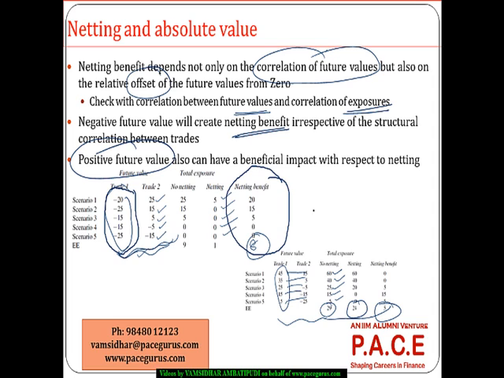Which means even if all the values are positive, there is a possibility of some kind of netting benefit. Not just the correlation between the two, I also really need to see by how much all the future values are offset from zero, the absolute values, and that is going to contribute to the reduction in the exposure.